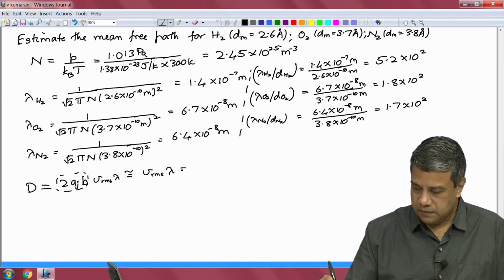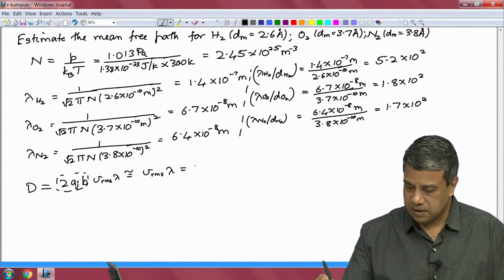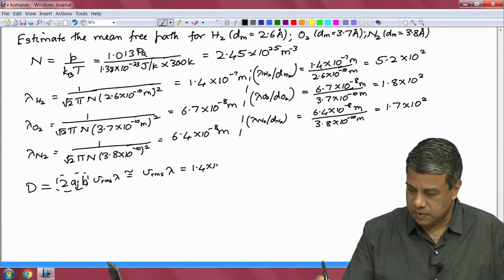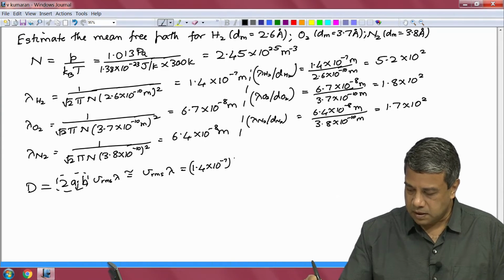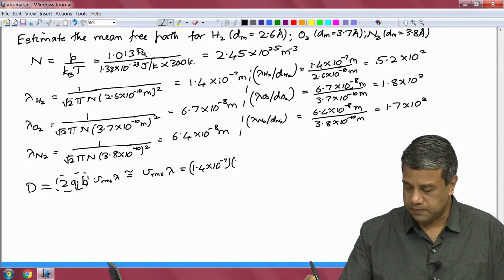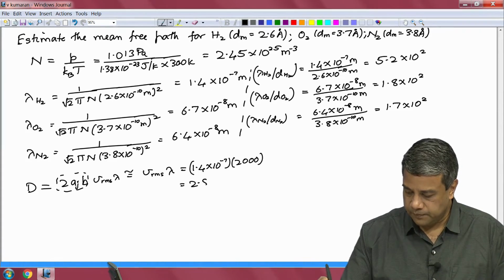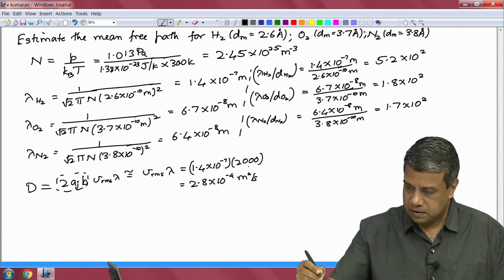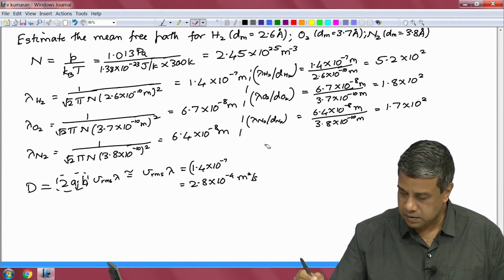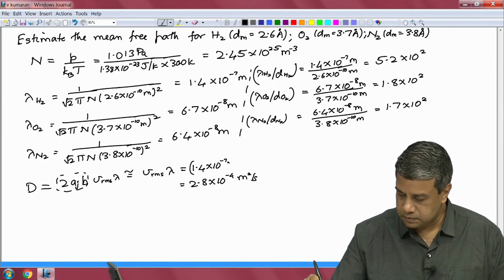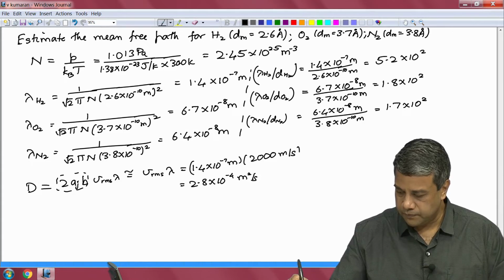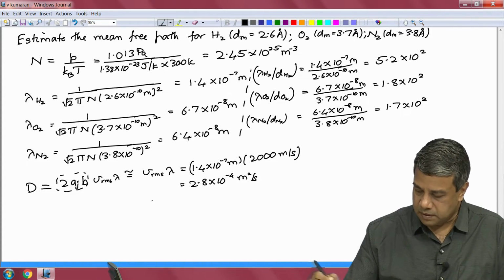For hydrogen, lambda is equal to 1.4 into 10 power minus 7, and the speed was about 2000. So, this will be 2.8 into 10 power minus 4 meter square per second. I should put the units here. And this is for hydrogen.